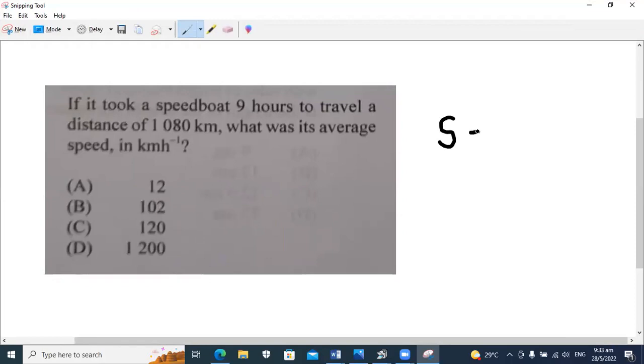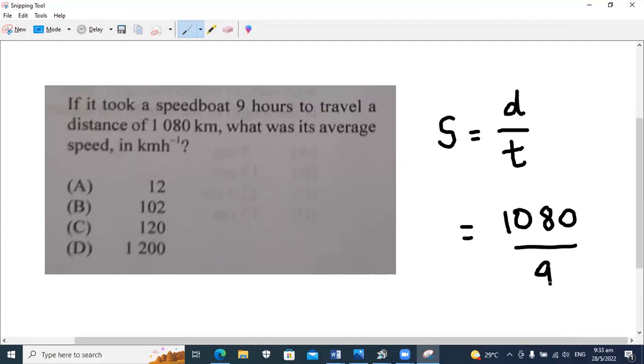Average speed is distance traveled divided by time taken. So the distance traveled is 1080. I'm going to divide that by 9. Without using a calculator, what is this answer?